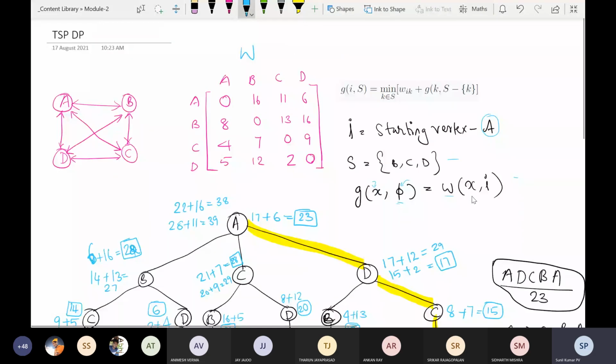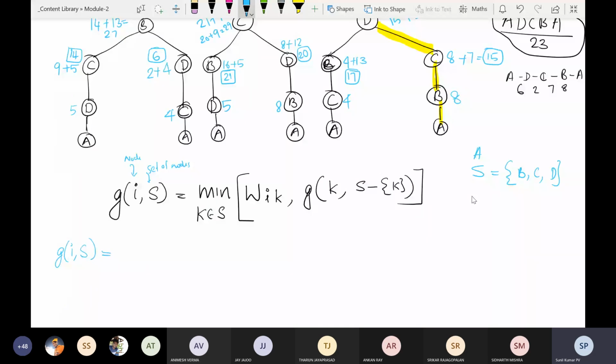So I is equal to A, and S is equal to {B, C, D}, the remaining vertices. So G(I, S) is equal to the minimum over K, an element of S. S is a set of the remaining elements.